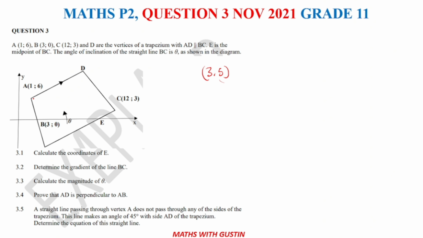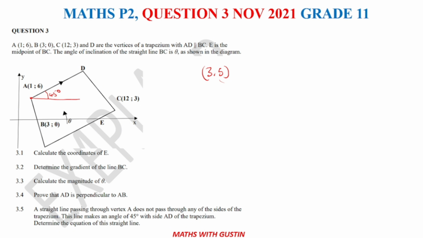So you've got a line here passing through this point and doesn't pass through any other point, and it makes a 40-degree angle with AD. Okay, so maybe this line is passing somewhere here, making a 40-degree angle there. If you understand the question correctly, determine the equation of this straight line.